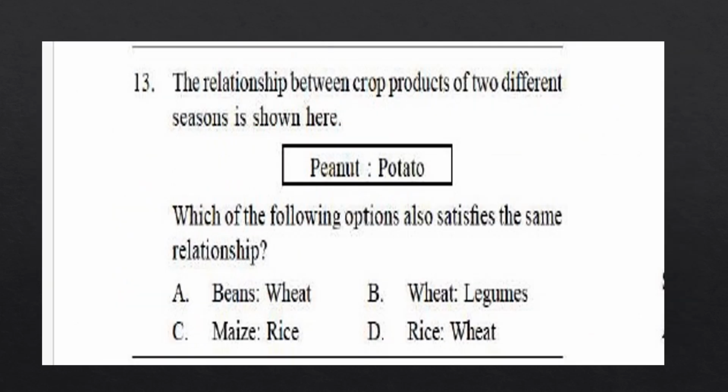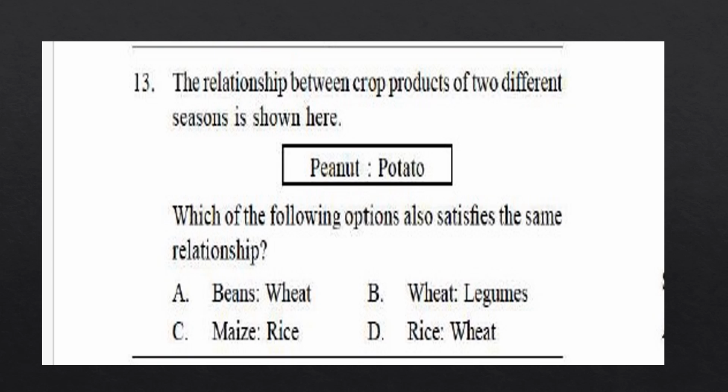Question number 13. The relationship between crop products of two different seasons is shown here. Peanut, potato. Which of the following options also satisfies the same relationship? Option A, beans, wheat. Option B, wheat and legumes.